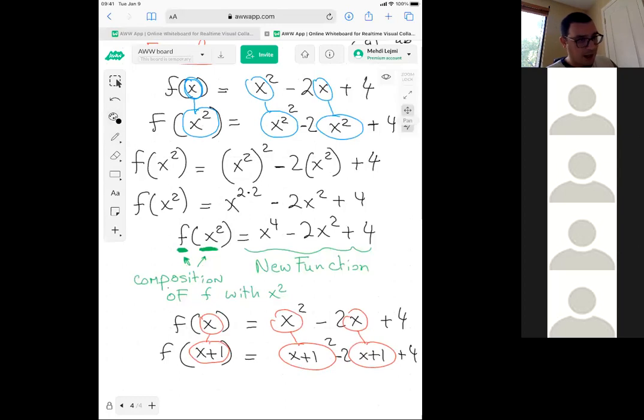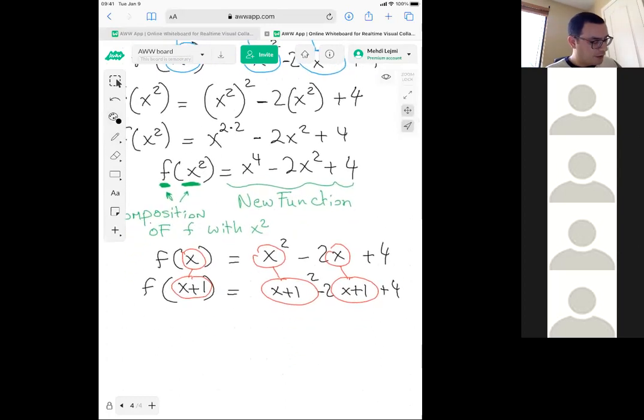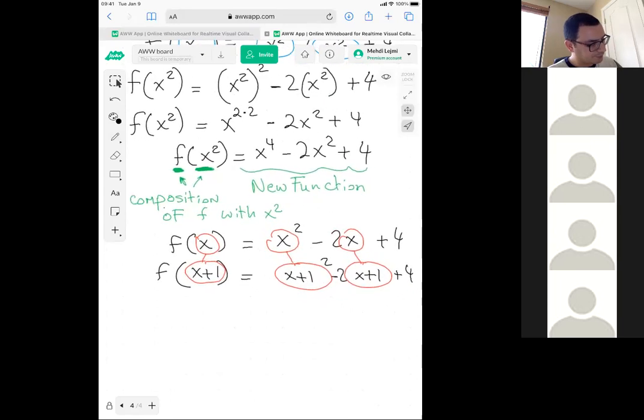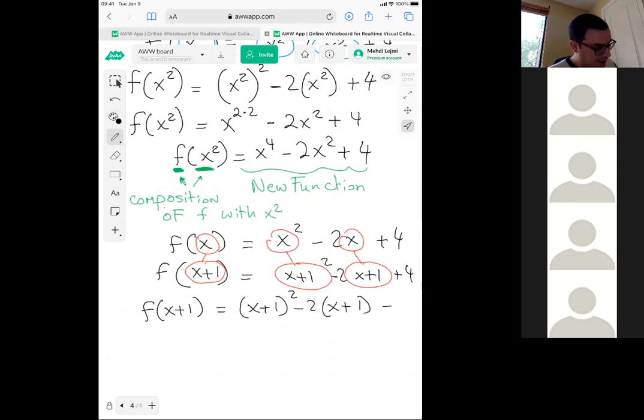And again, guys, it's very important to think of the circles like parentheses. So my f of x plus 1 would be parentheses x plus 1, squared, minus 2 parentheses x plus 1, plus 4, right? So you can distribute.